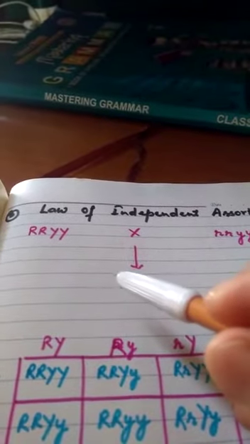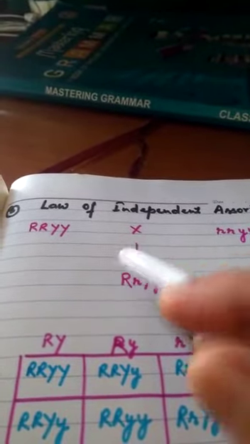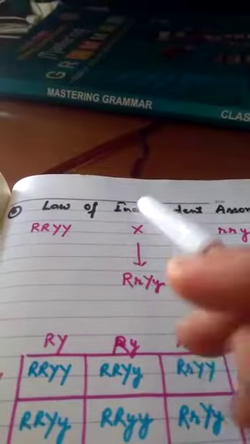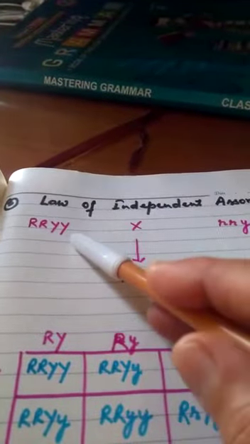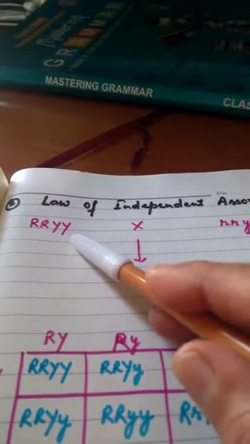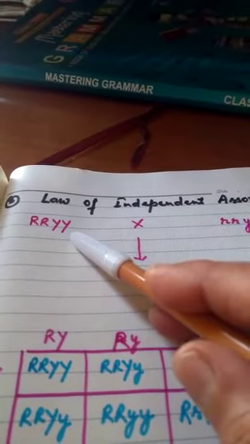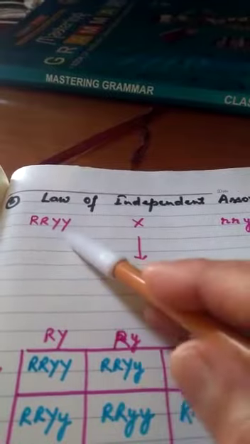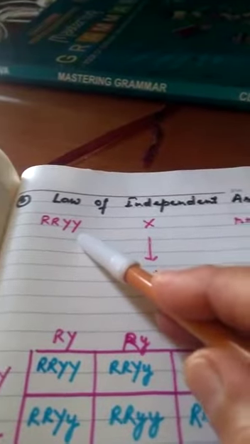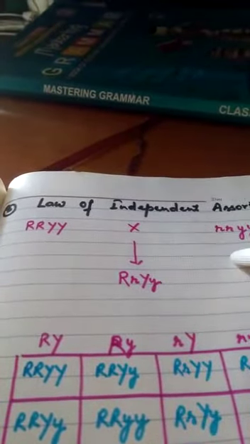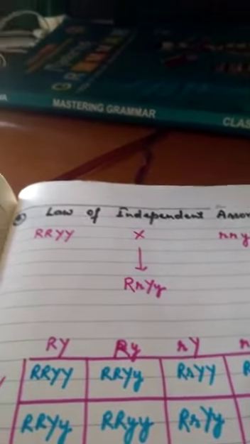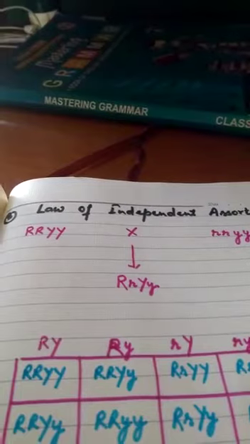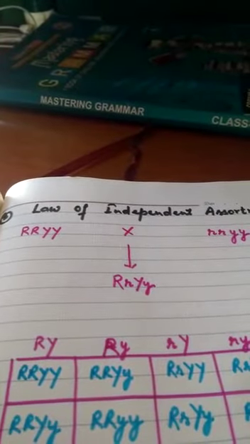Number one is the color of the seed and number two is the shape of the seed. So the first plant taken has round and yellow seeds. And the second plant taken has wrinkled and green seeds.